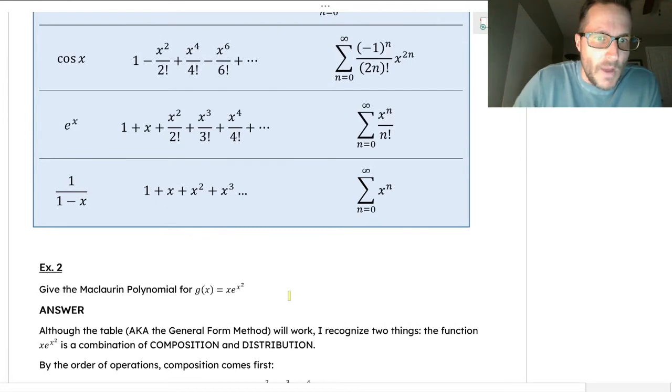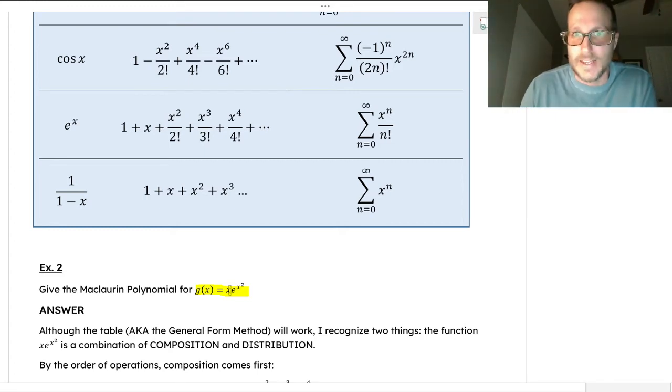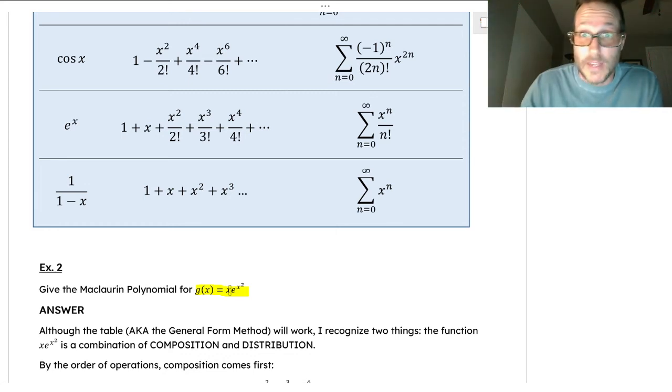Let's check out another one. Let's check out the polynomial for x e to the x squared. Okay, x times e to the x squared. We can see that x e to the x squared is going to be a beast to do by the table. It's already product rule, and you see chain rule thrown in there because we're raised to the x squared. Not going to be fun.